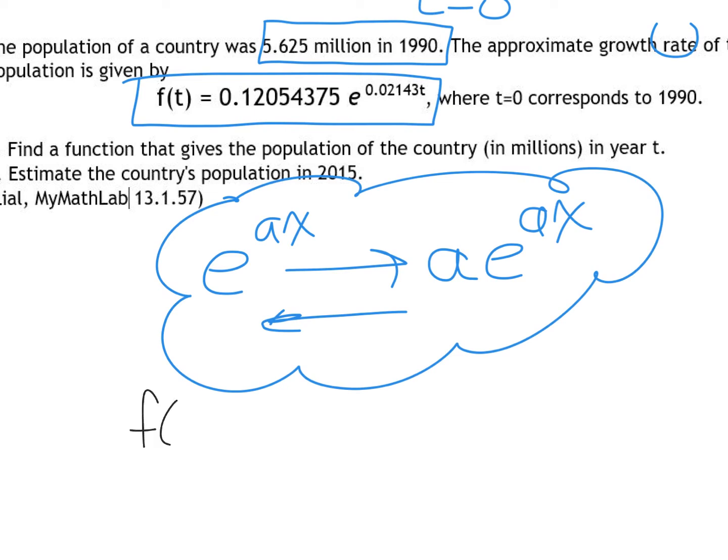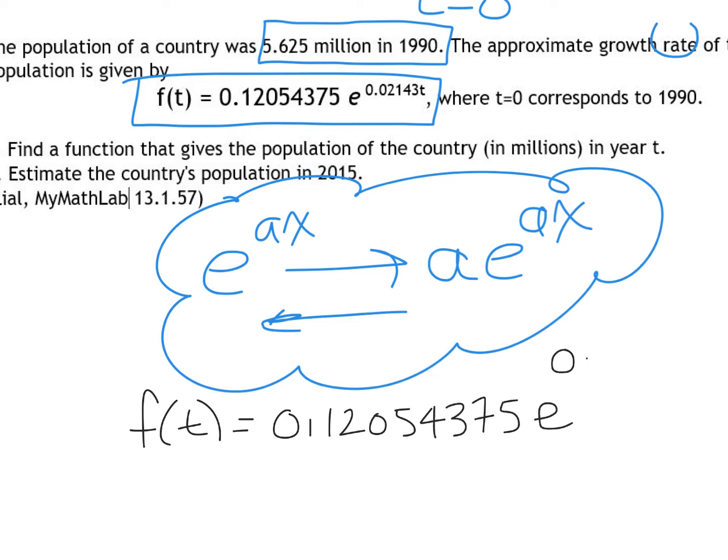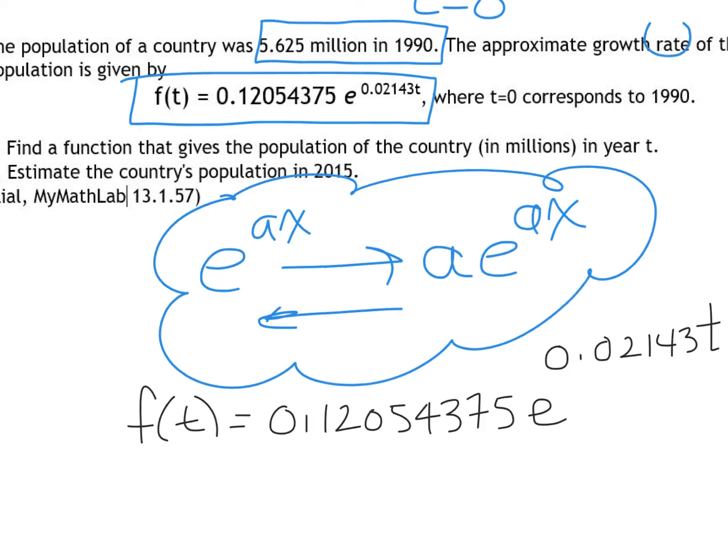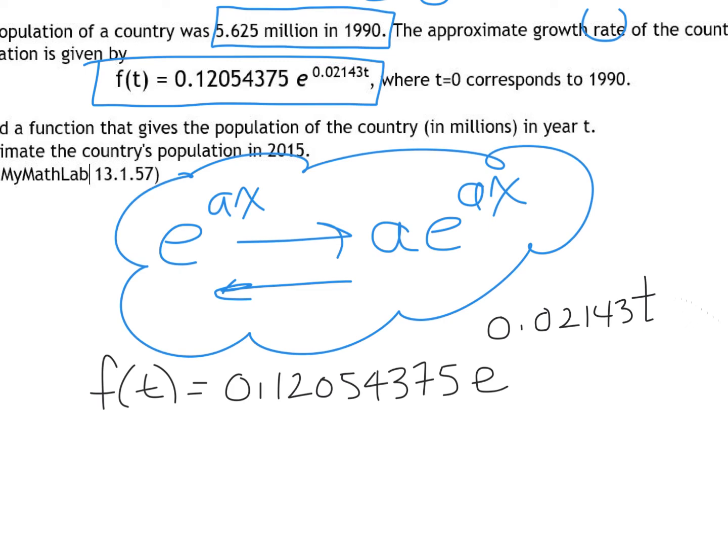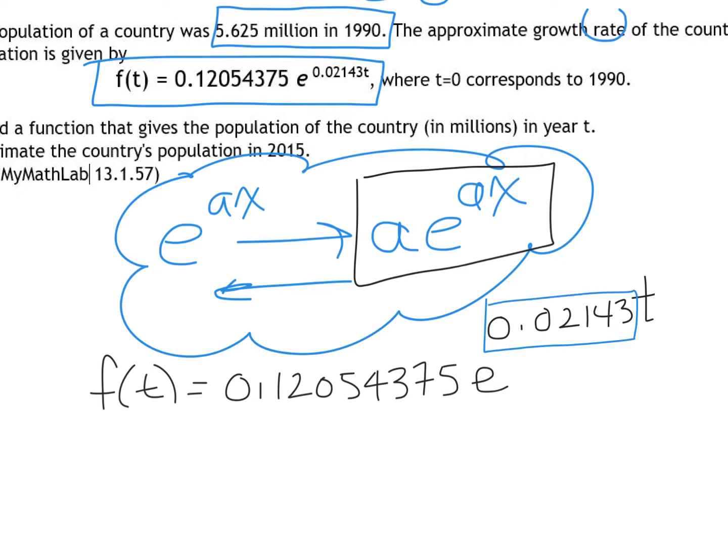So I have f at t is equal to 0.12054375 times e raised to the power of 0.02143 t, right? Okay, so that is the a e to the ax. That's the derivative. So this is the a part, 0.02143.